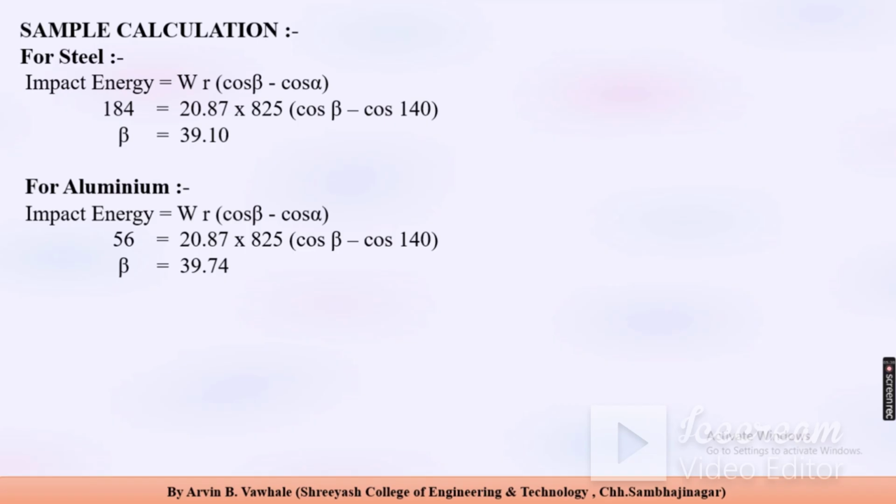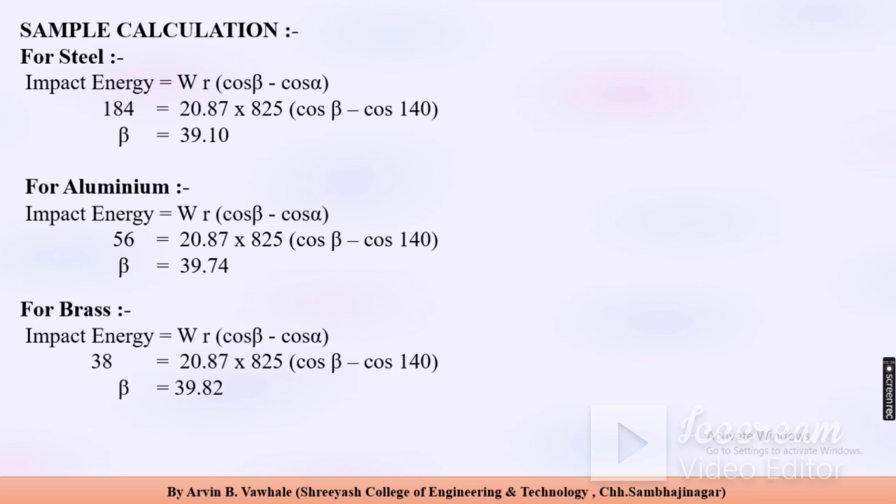After calculating, we get beta equal to 39.74. For brass, impact energy equals WR (cos beta minus cos alpha): 38 equals 20.87 into 0.825 into (cos beta minus cos 140). After calculating, we get beta equal to 39.82.